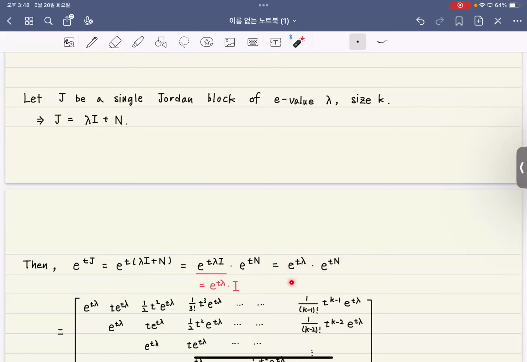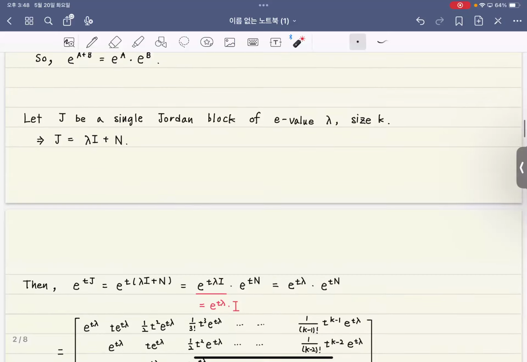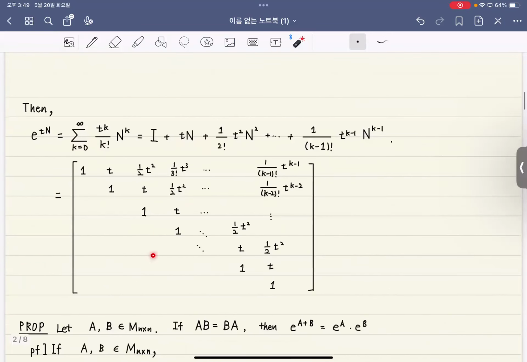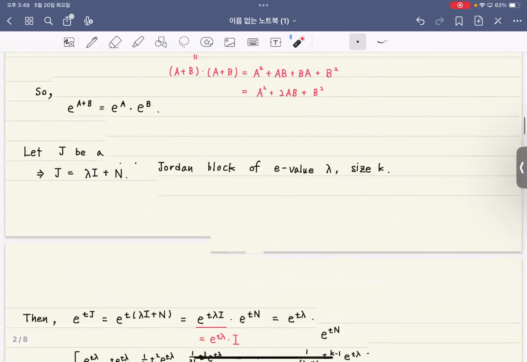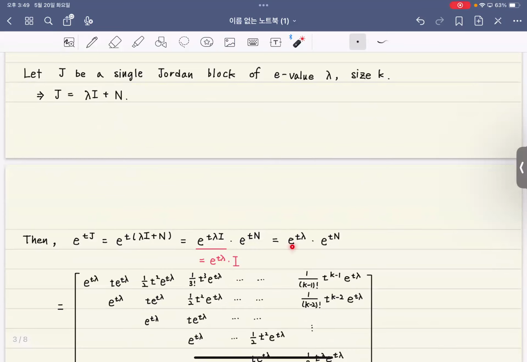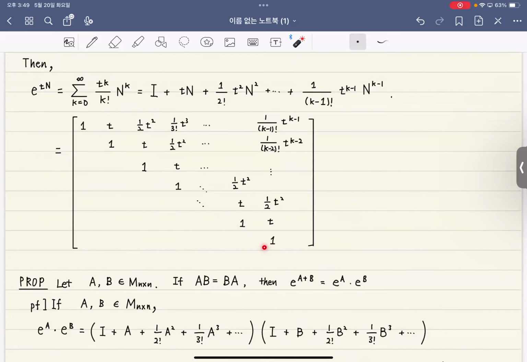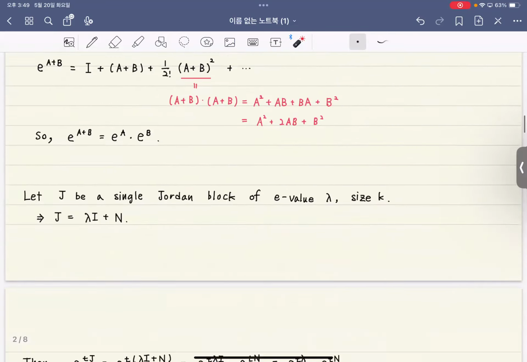All right. Good. And we already know how to compute e^(tN). This is our e^(tN). All I have to do is take a scalar multiplication of e^(t lambda) to the left, so each of these entries must be multiplied by e^(t lambda).